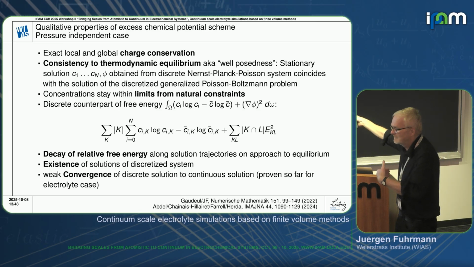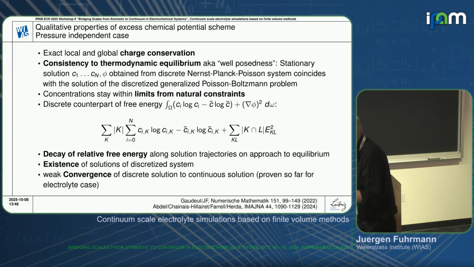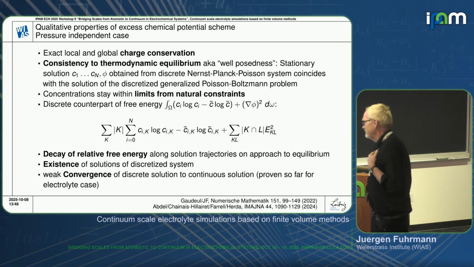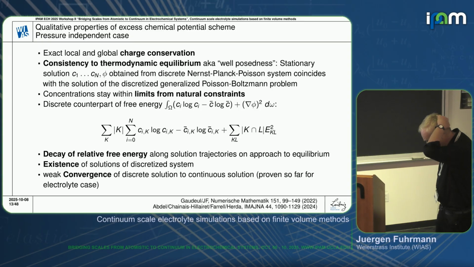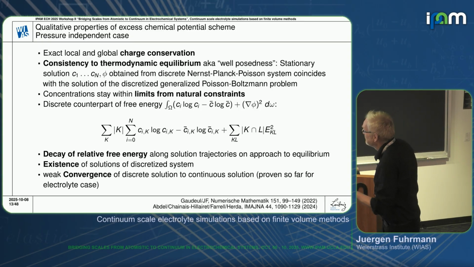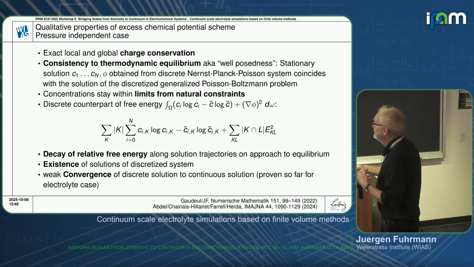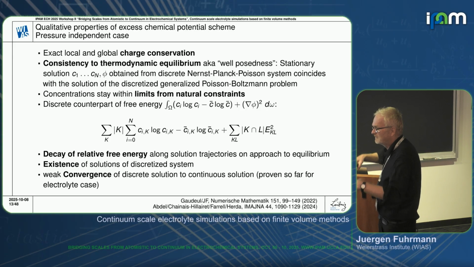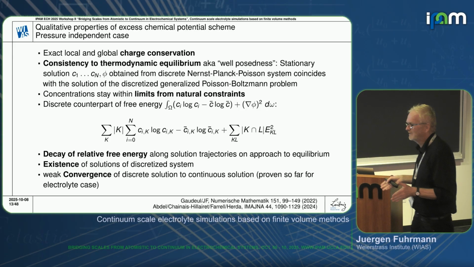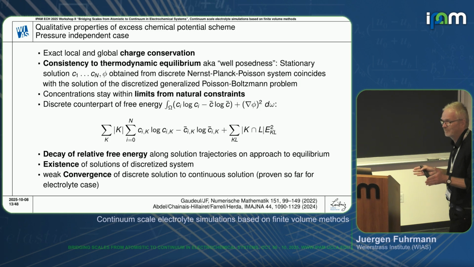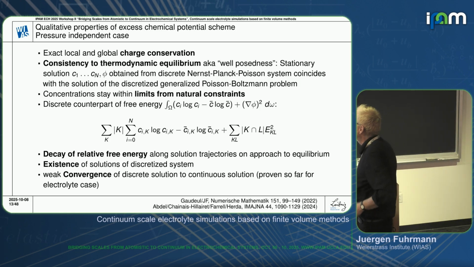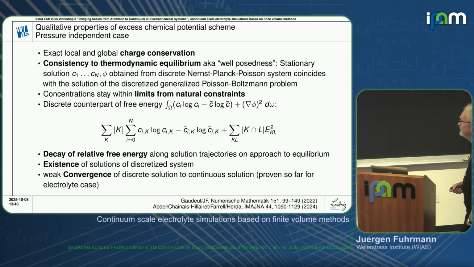So the Nernst-Planck system will then at equilibrium give us the solution of the Poisson-Boltzmann problem, or generalized Poisson-Boltzmann problem. And here we can prove that this is also true for the discretization, which is not completely obvious. With finite elements, for instance, it wouldn't be like that. So that's just another selling point of these methods.